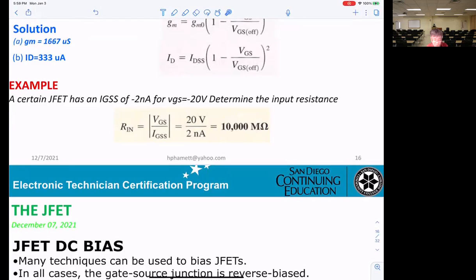Okay. And you understand for the JFET, it's good to get a very high input impedance. But they don't have any high gain. If you want more gain, it's better to use a bipolar, not a JFET.